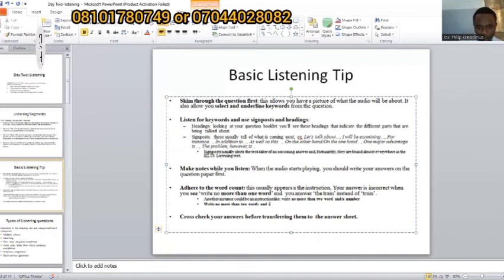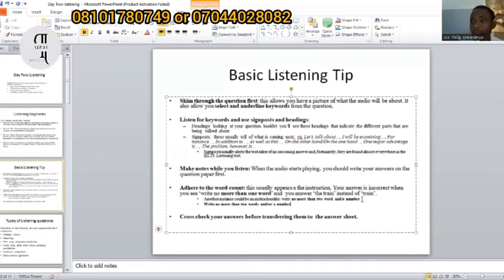and or a number. I discovered that many of my students have issues with this kind of instruction. Write no more than two words and or a number. This simply means one thing.